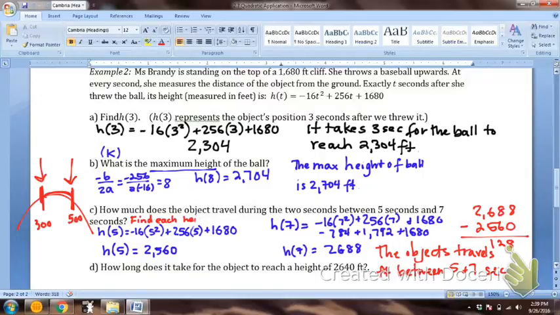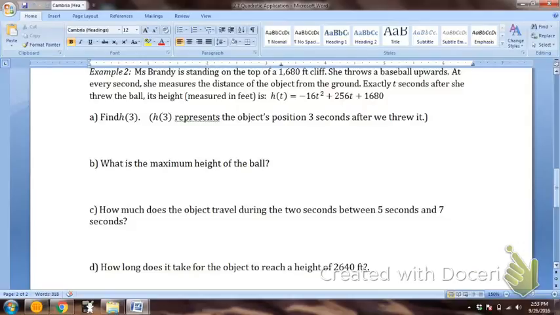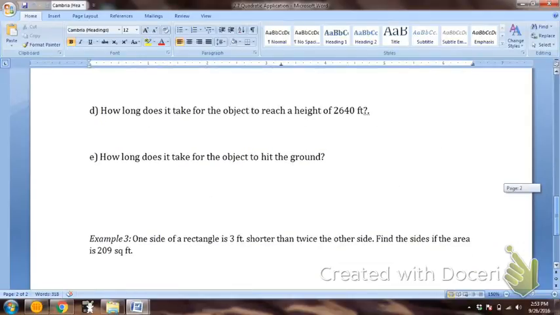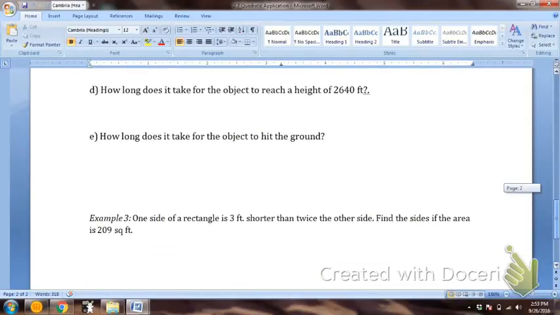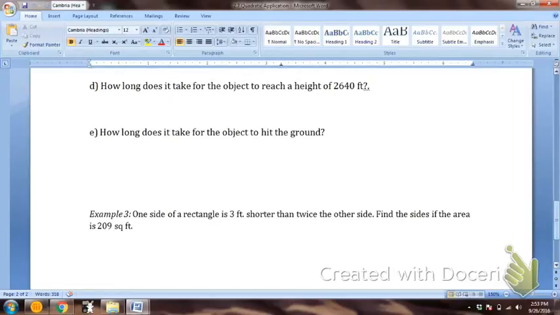All right, letter D is a little bit different than ones we've done so far. It says, how long does it take for the object to reach a height of 2,640 feet? So it says how long, so it's asking me for time. And it gave me what?